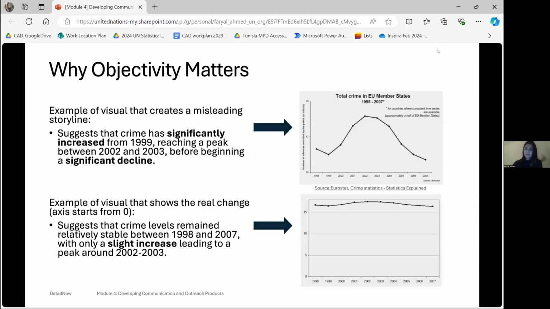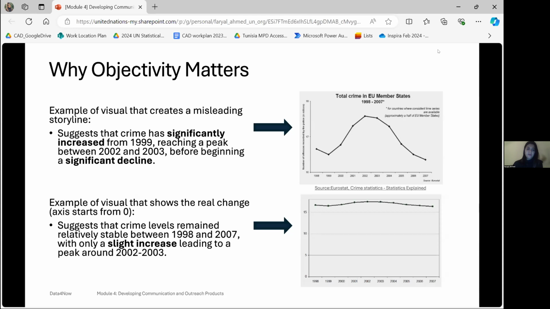Next slide, please. And why objectivity matters, another reason: this is a concrete example of how we interpret data and the message we can give from the same graph. For example, on the total crime in the EU member states between 1998 and 2007, in the top graph you see a big bump, and it looks like during 2002 to 2003 the crime significantly increased, reaching a peak before a significant decline.